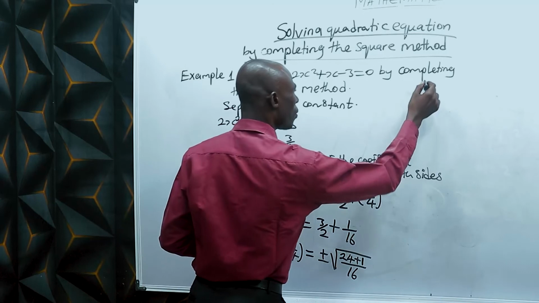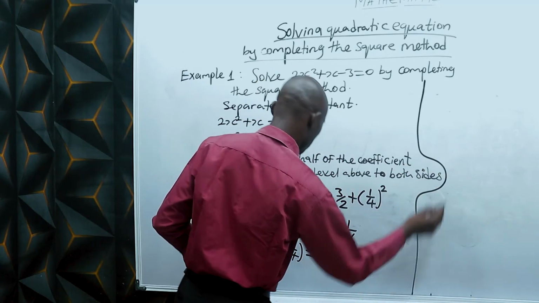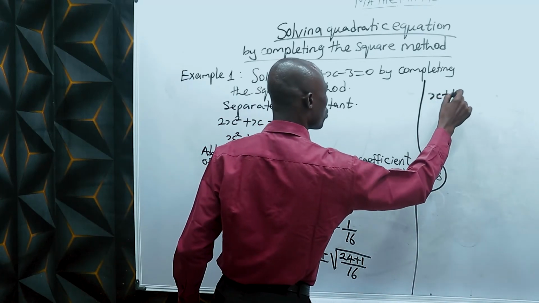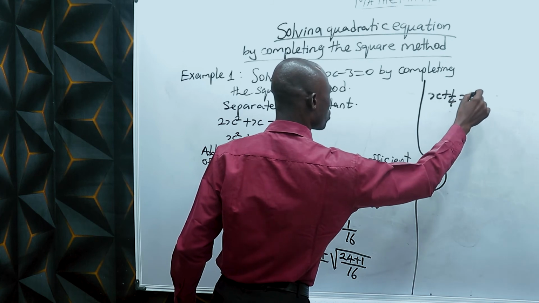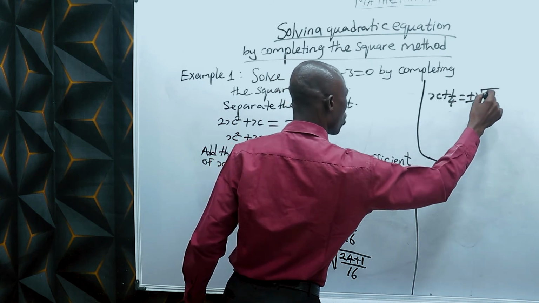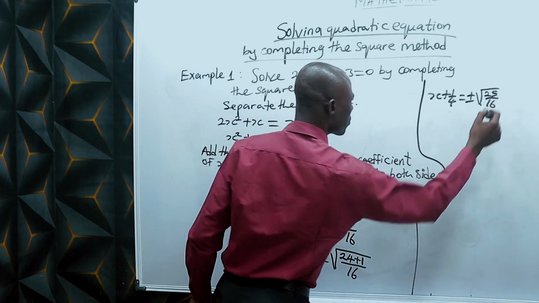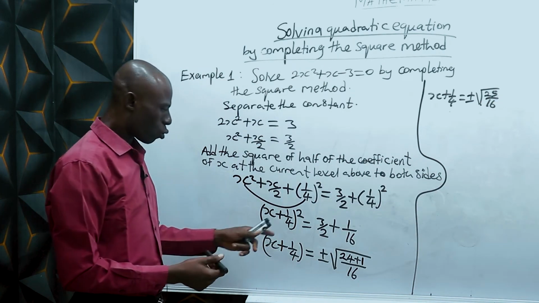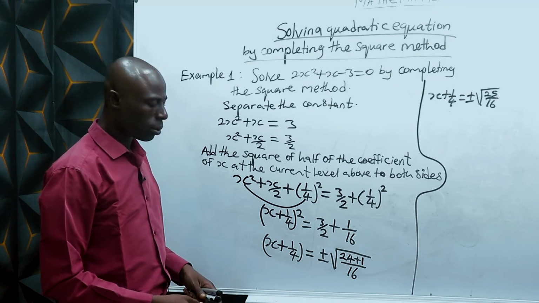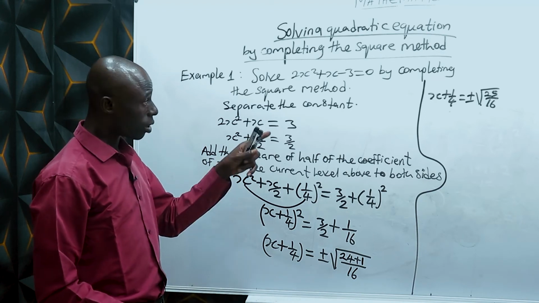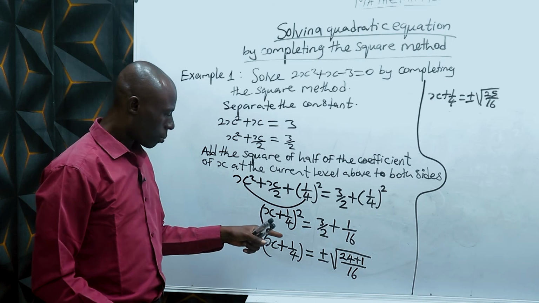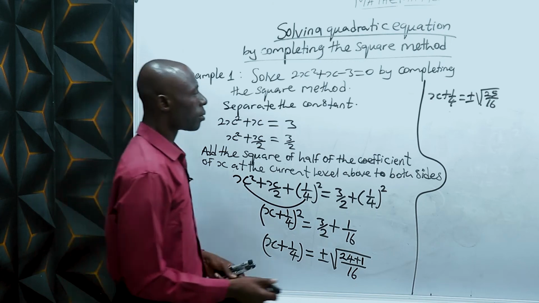So you have x plus 1 over 4 equals plus or minus square root of 25 over 16. 24 plus 1 is 25 over 16.